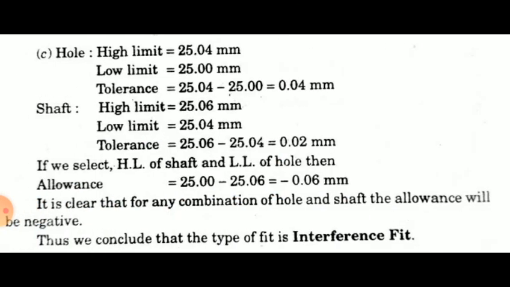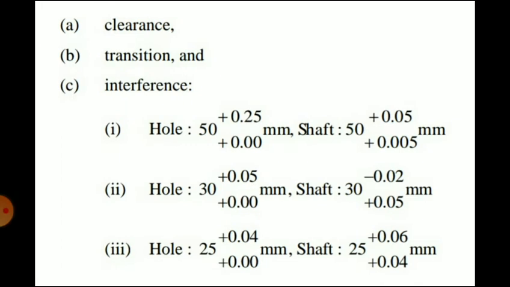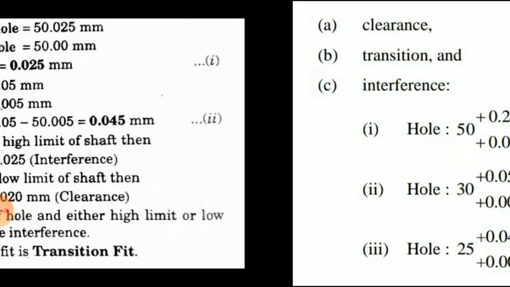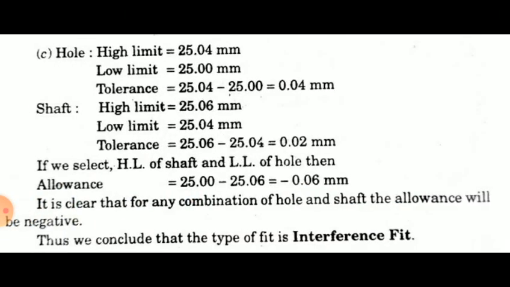Third case. You can see in the third case, the upper limit for the hole is 0.04 and the lower limit is 0.00. So you can see the higher limit 25.04 and the lower limit 25.00. Tolerance will be the difference between the higher limit and lower limit, that will be equal to 0.04 mm.